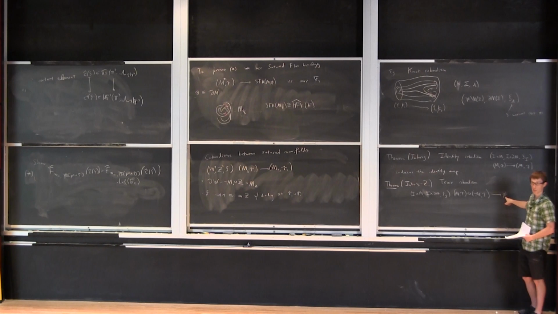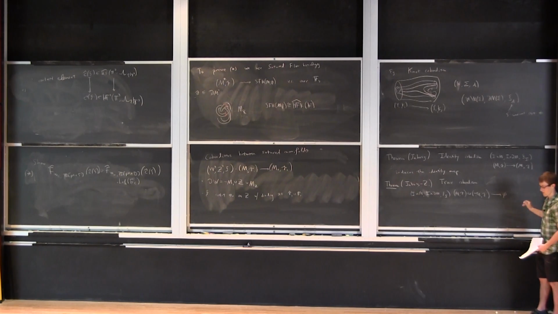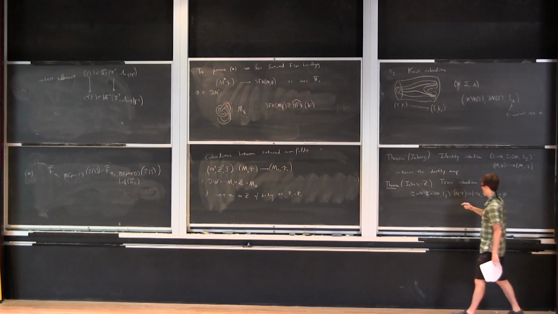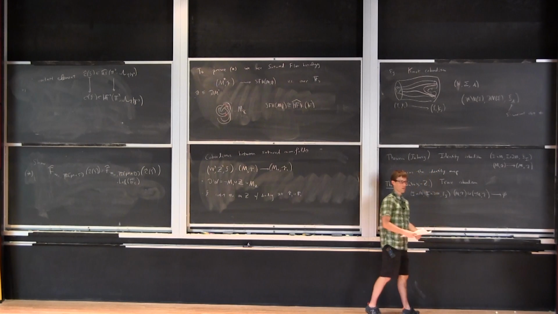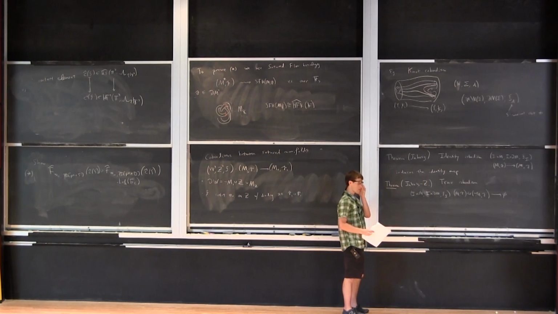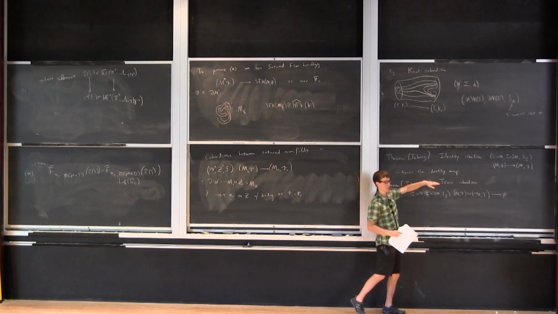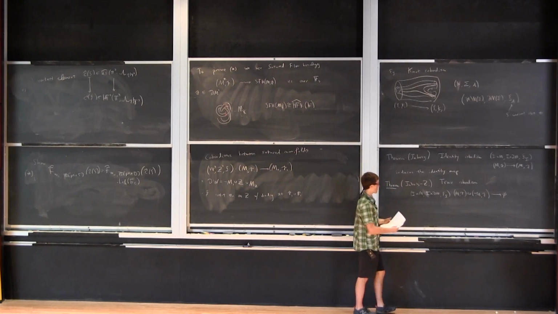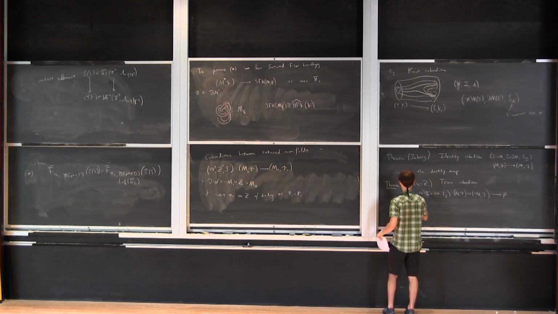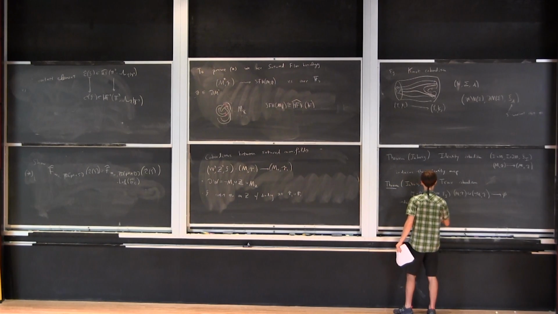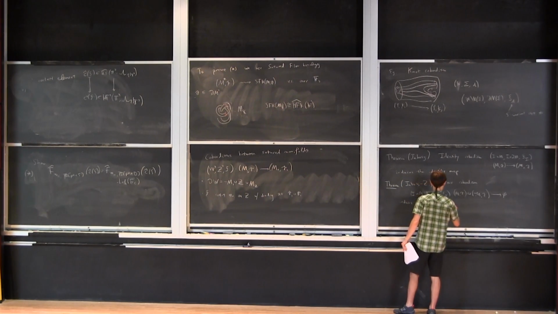We associate to the empty set the empty sutured manifold, whose sutured Floer homology is F, just the ground field. And so this is the trace cobordism. I could call it the identity cobordism if I wanted, but it's the trace cobordism just bent over. The theorem that we proved is that this induces the canonical trace map.